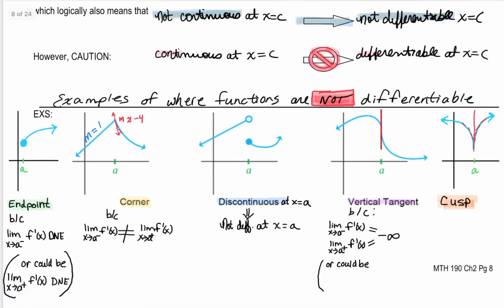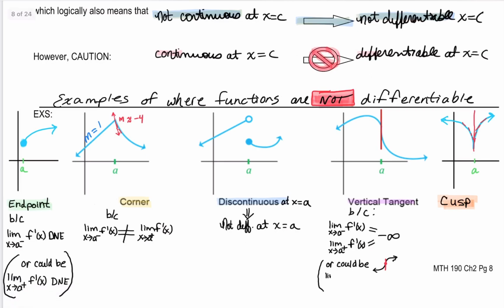So you could have something that's maybe more like that. That's a little bit better. Increasing. And the vertical tangency I'm going to draw in right here. It could be that both of those limits are going to positive infinity.